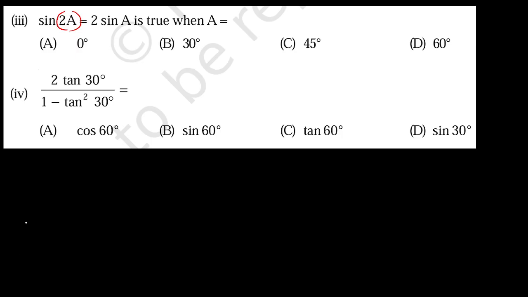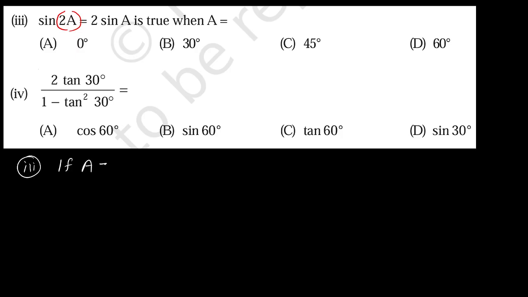The only way is you simply substitute the options and check whether it satisfies or not. That is the only way to do this question. You can ask me doubt once I finish it.